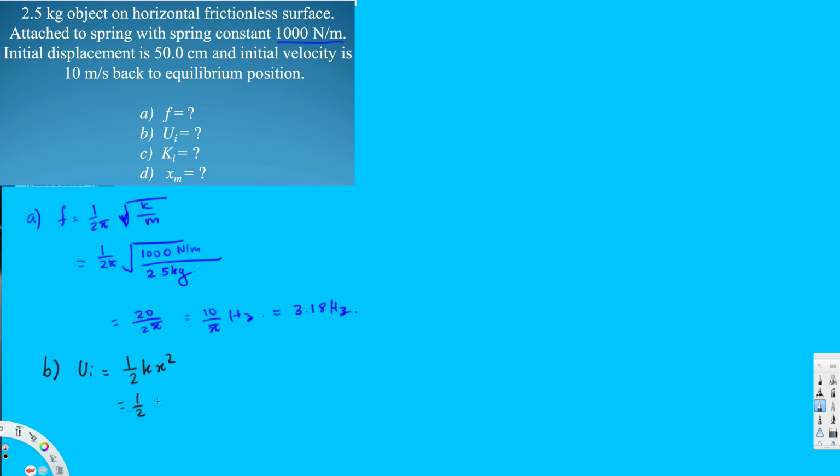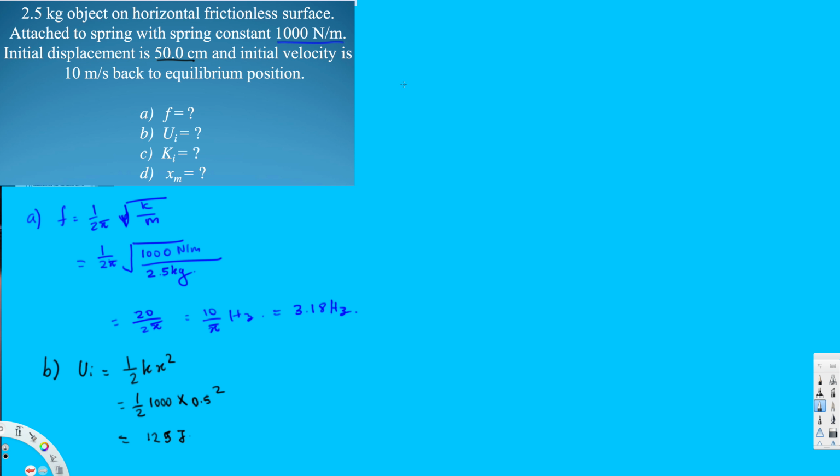Half k is 1000 Newton per meter multiplied by x square. This is 50, but this is in centimeter, so I have to convert to meter. This is going to be 0.5 meter square, and that's going to give us 125 joule. So this comes out to be 125 joules.